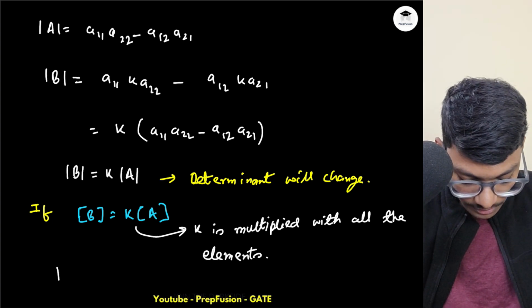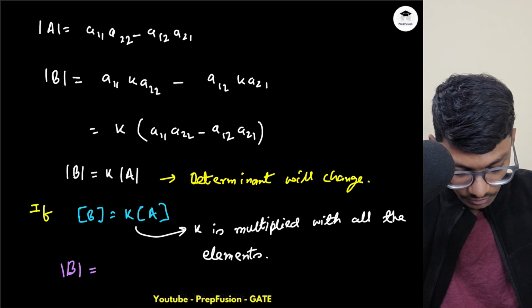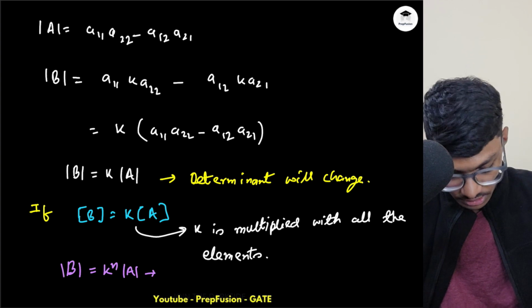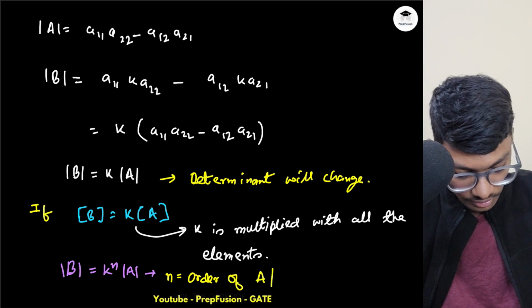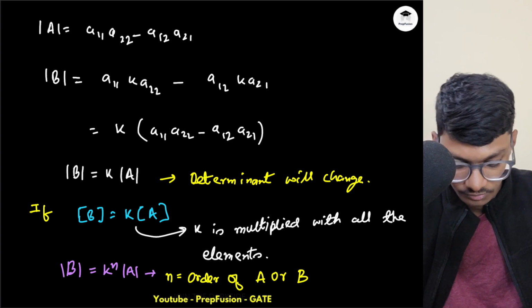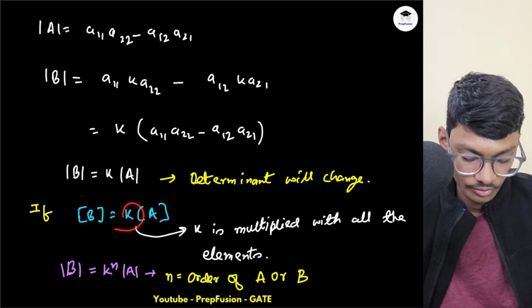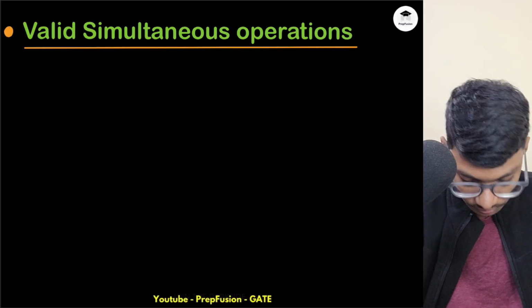So my determinant of B, I've already told you this, you can do it with an example also, determinant of B will be K raised to power n determinant of A, which I've already solved a question on, where n is the order of A or B, because both of them will be the same order, since they are equated with just a scalar. So this is another important point to note.